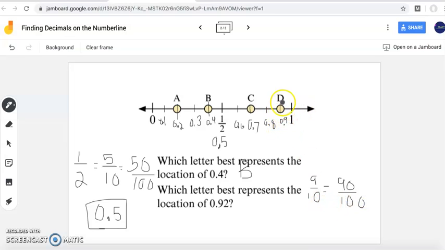So even though D says 9/10, that was really close. 92/100 is only 2/100 away from 90/100 or 9/10. So D would be the best letter to represent 92/100. And notice there's no other letter anywhere near 92/100. Like C is on 7/10 or 70/100. That's pretty far away.